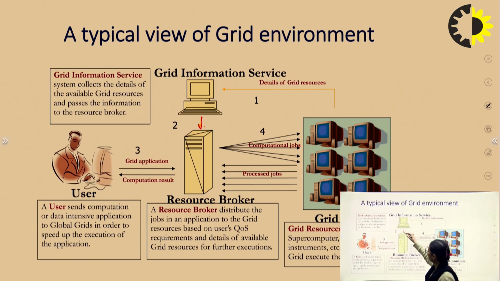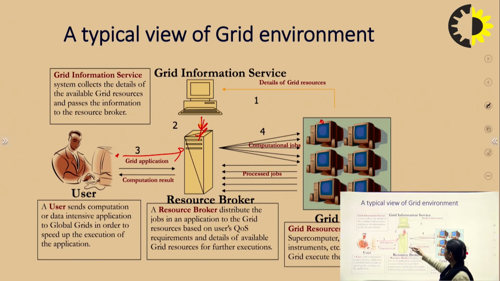Now, what does the resource broker do? It distributes the jobs in an application to the grid resources based on the user's QoS, that is quality of service, requirements, and the details of available grid resources, for further execution. The grid information service sends all the details of available resources to this broker. Now the user sends the request, that is its grid application request, to the broker.